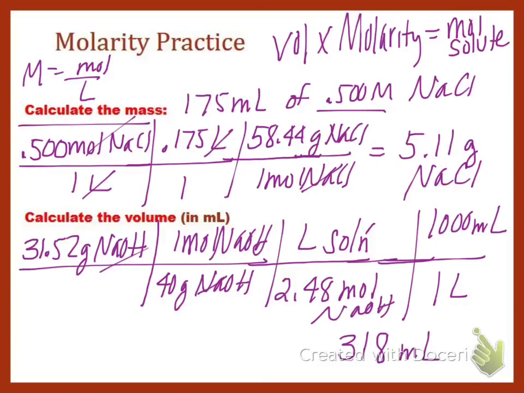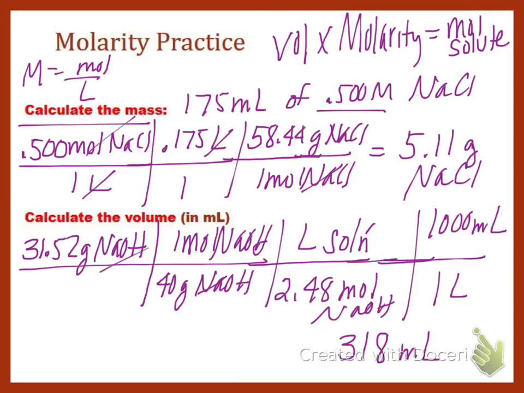Okay? Yes, sir? So it's saying we know that volume times molarity equals moles of solute. So 2.48 is the molarity, right? Because that was given to us in the problem, yes. 2.48, big M is molarity. So basically it's volume times 2.48 equals 31.52 grams, if you worked it backwards, yeah.